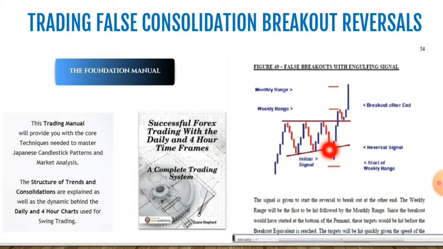So we would trade false consolidation breakout reversals that initially fail to start a movement against the main trend direction and then provide us with U-turns and aggressive reversals that take us back inside of the consolidation and start a breakout at the other end of the boundary in sync with the main trend direction. Those are the four main approaches that we take when it comes to trading consolidation, the main important criterion being that we're trading these movements in sync with the main trend direction.